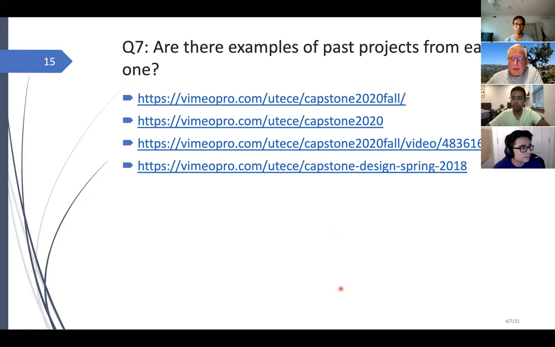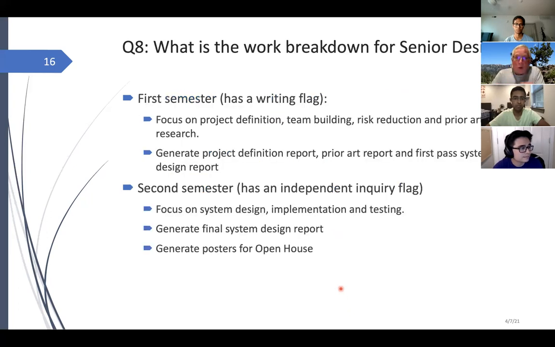Okay. What is the work breakdown for senior design? So the first semester, which has a writing flag, you will be focusing on product definition. Of course, you're going to build out your team. You're going to do a risk reduction project of some kind, which just means that after you figure out what you're doing on the project, you figure out how you're going to reduce risk in the project. You'll do a prior art report.